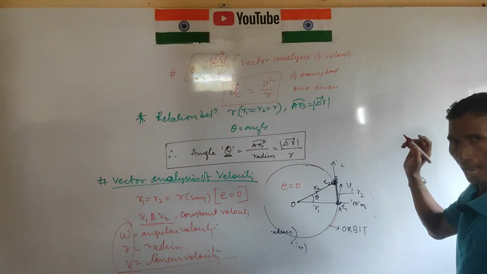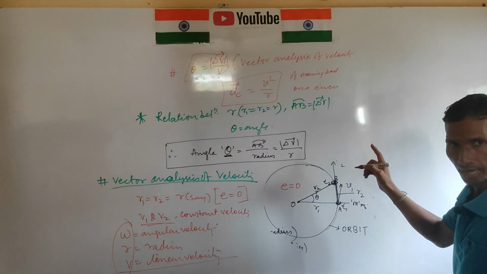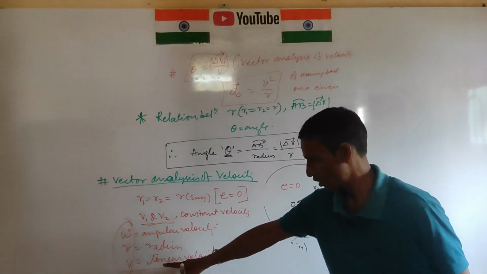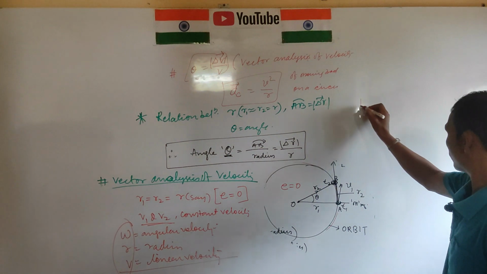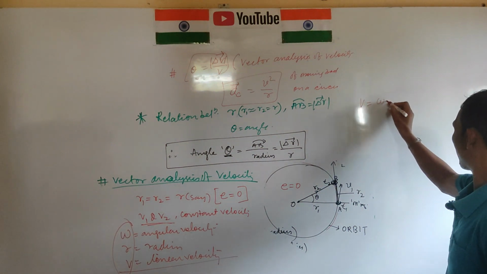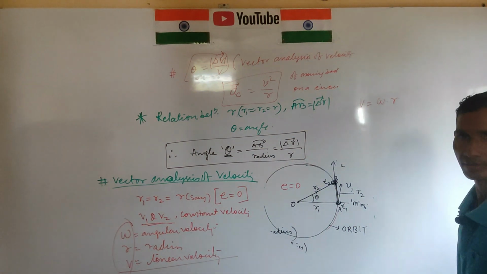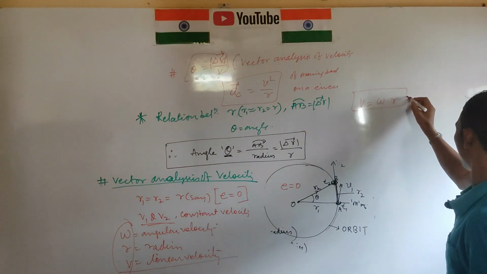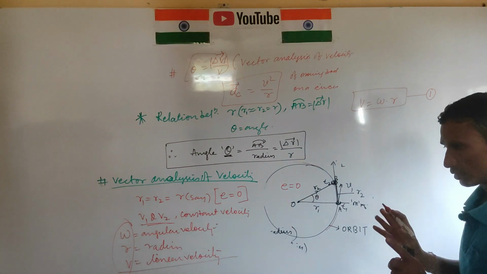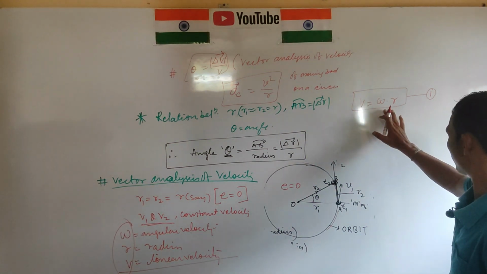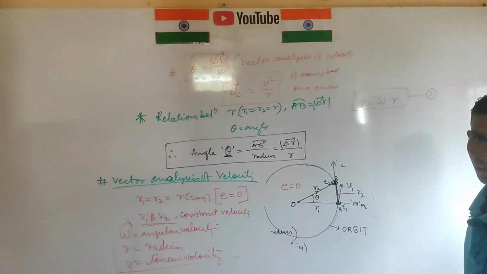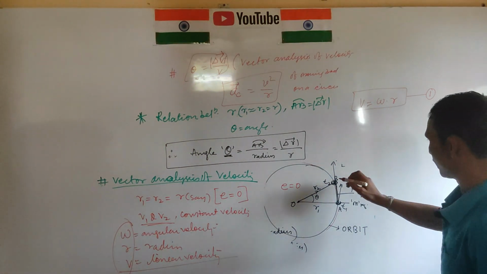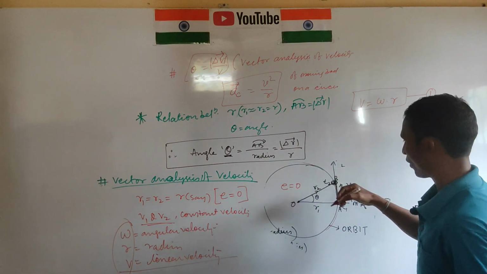We know the angular velocity, linear velocity and radius: v equals omega r. Okay. This is the equation. We know that this is the relation, just simplified. It becomes a very simple relation.